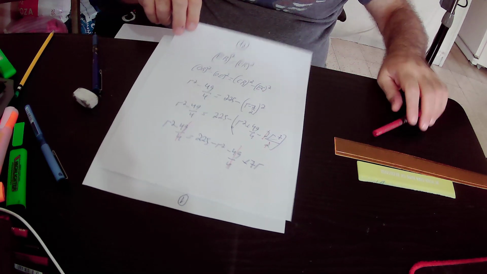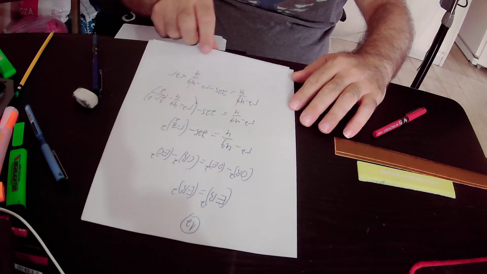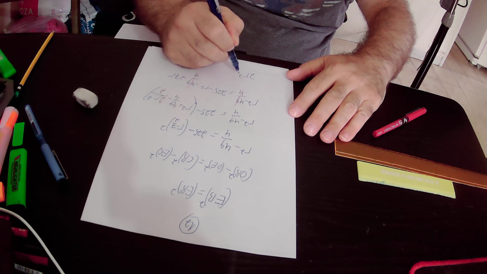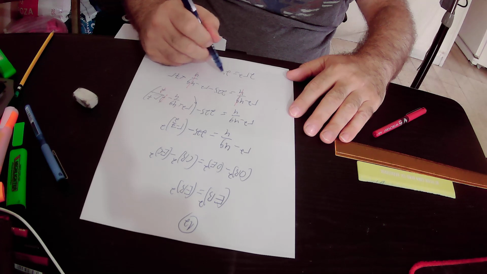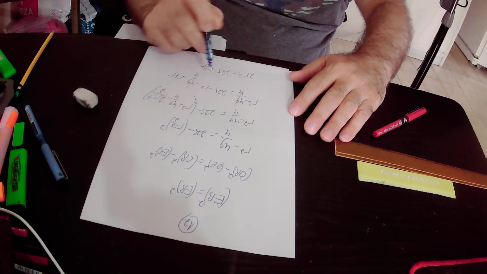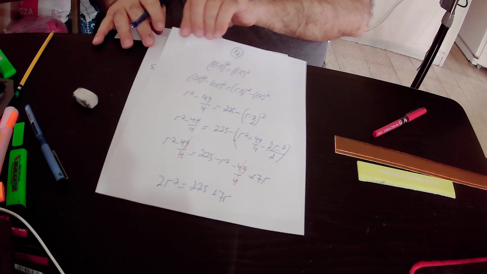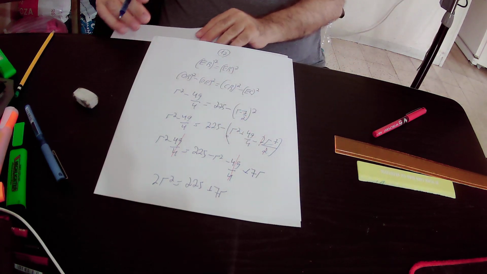We will get that R squared plus R squared is 2R squared, equals 225 plus 7R.